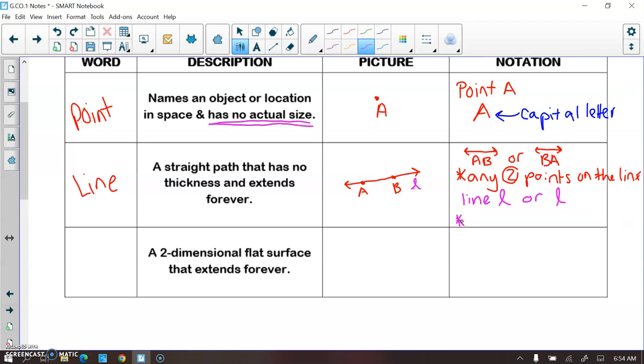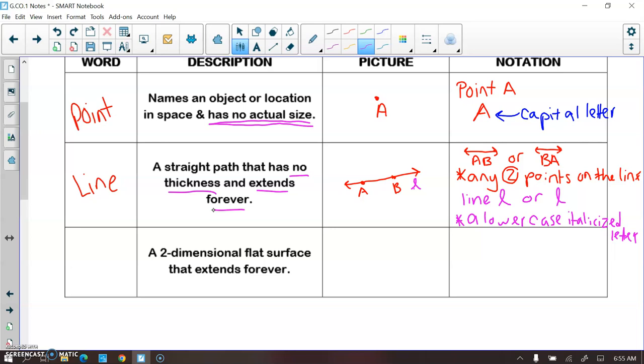So you can name it using a lowercase italicized letter. Now, again, this is an abstract concept because it says that it has no thickness and extends forever. And this extends forever part is when we're talking about objects or lines in the real world.